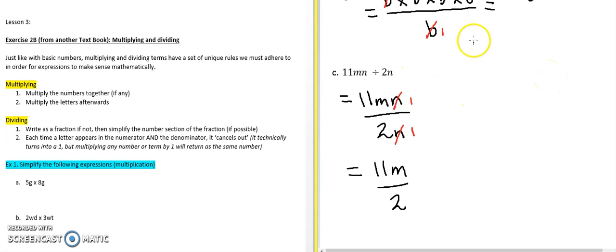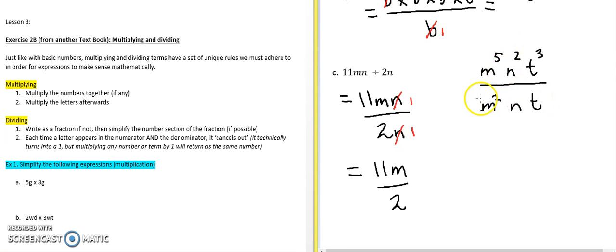I might show you a complicated example. Sometimes we might see something that looks like m to the power of 5 n squared t to the power of 3 all over, say for instance, maybe m to the power of 2 n t.